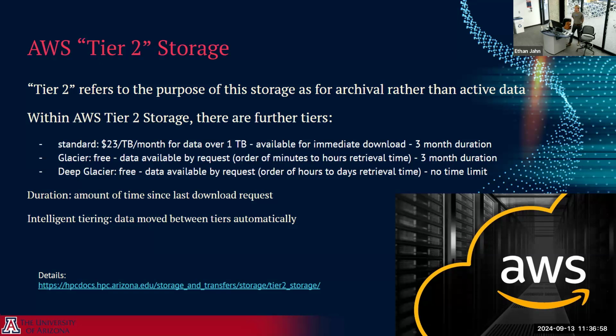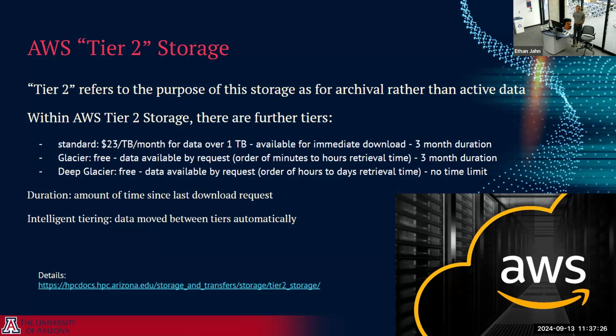If you put your data on AWS and you have more than 1 terabyte, then you start incurring a cost of $23 per terabyte per month. That will remain for 3 months. Once you have had that data in storage for 3 months and you have not downloaded it, it will move down to Glacier.